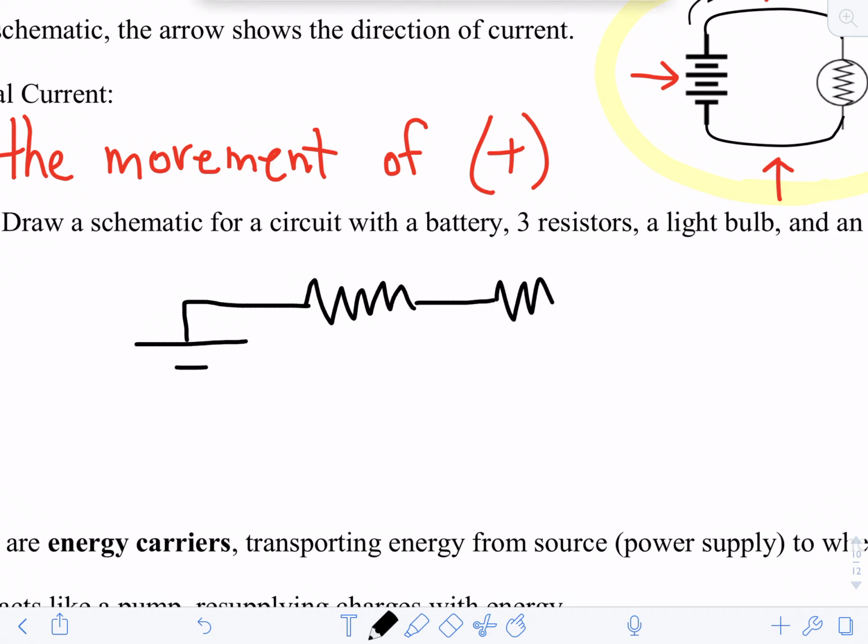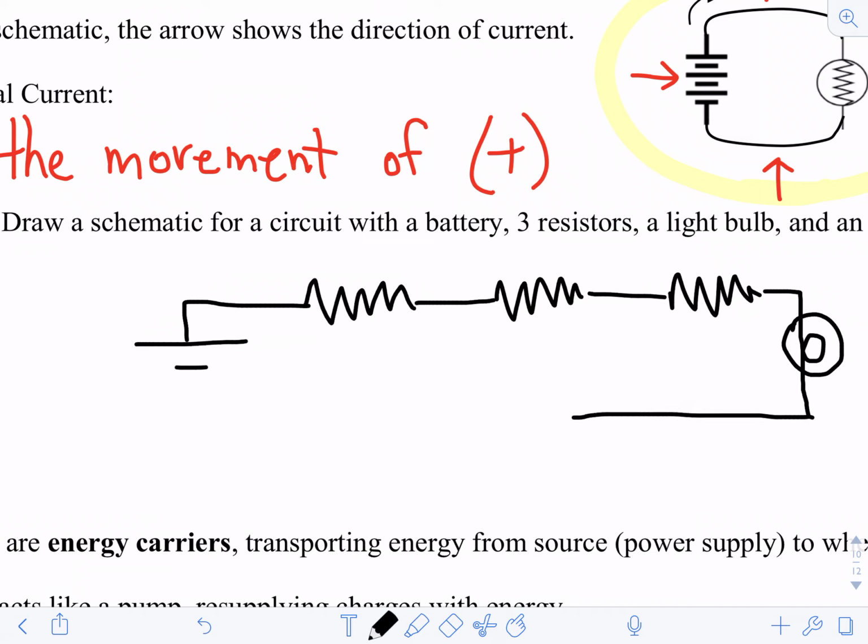And then we're going to do a second resistor. We're going to do a third resistor. All right. Then we can connect that to a light bulb. And like I said, I like the curly Q inside the circle for my light bulbs. And then we're going to show an open switch as we bring that wire back to the battery.